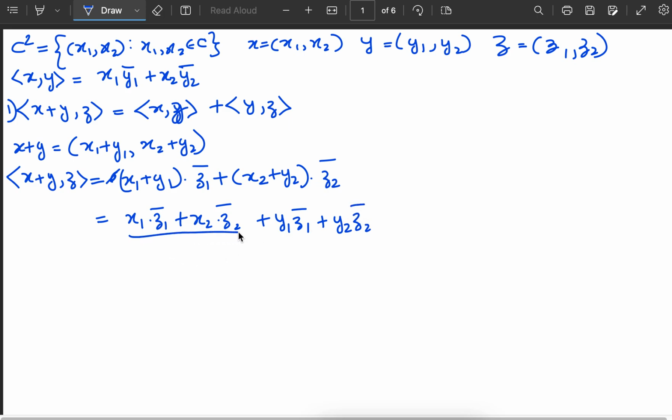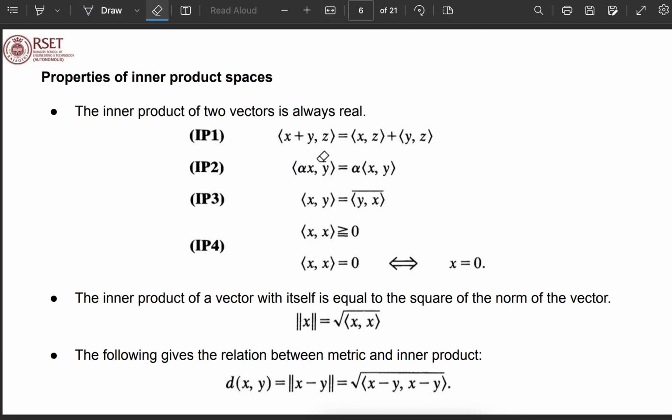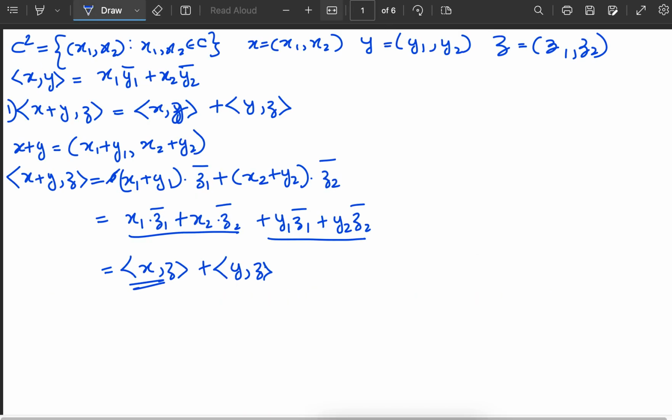So this term is inner product x, z, plus the next terms are inner product y, z. So the first property is satisfied. Let's check what is the next property. Next property is inner product alpha x, y is equal to alpha into inner product x, y.